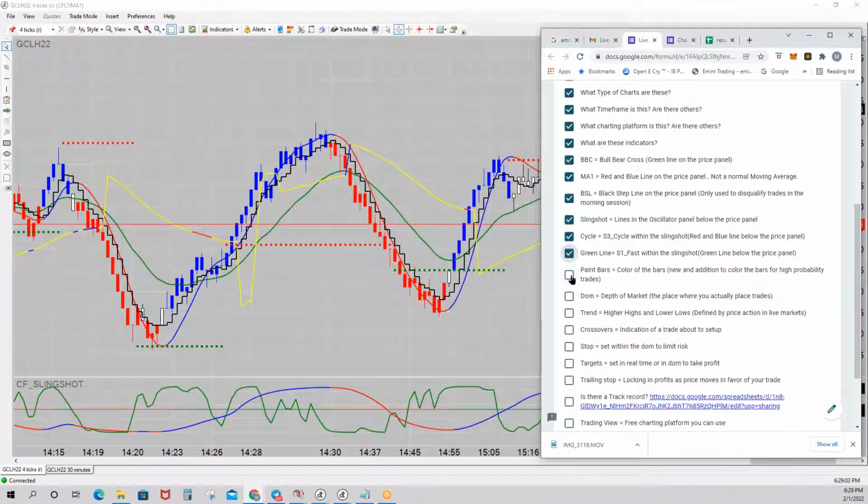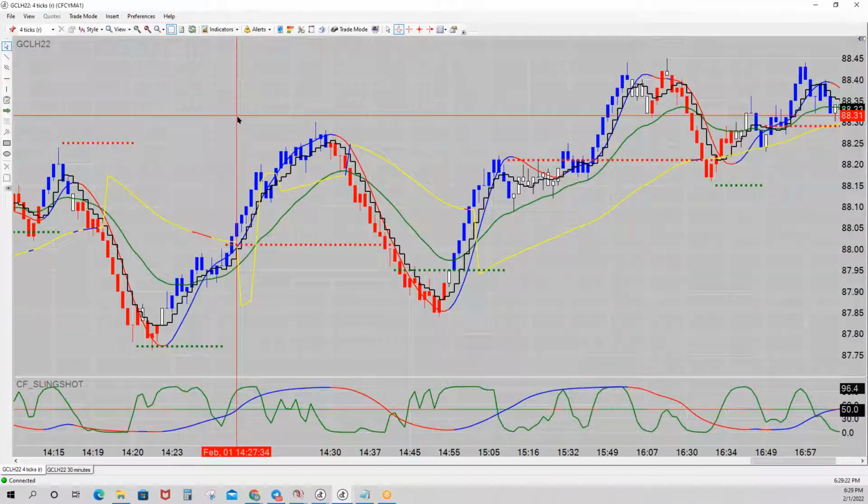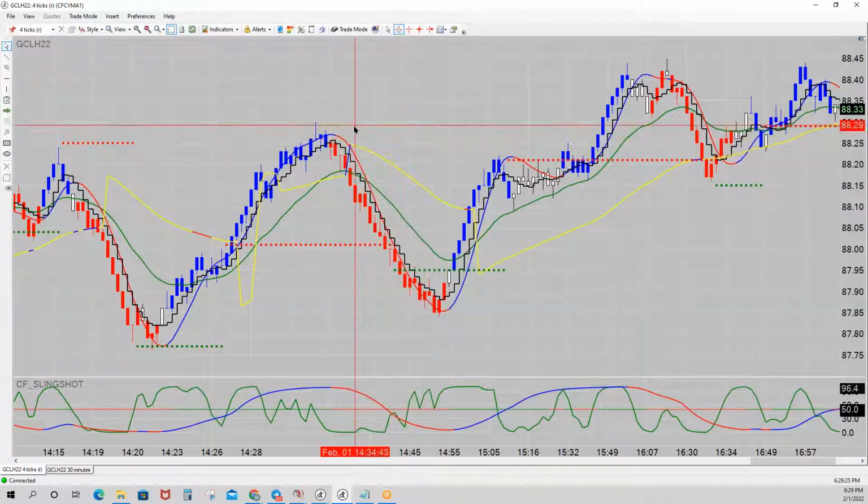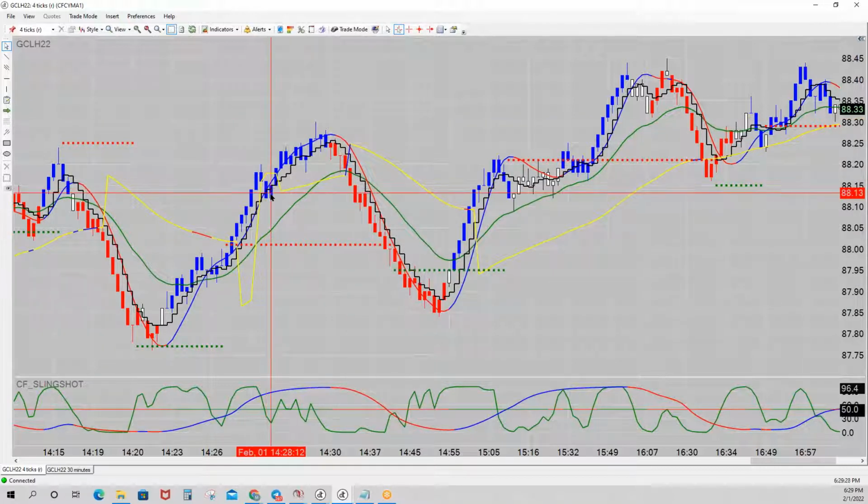Now the next thing is called a paint bar. That's what colors the bars right here. Now this that you're looking at right here is relatively new. We actually just put it on this past Saturday, January 29th of 2022. Now 10 years from now, we'll still be using this. It's a new thing to look at with your eyes, but it represents things that are already on the charts.